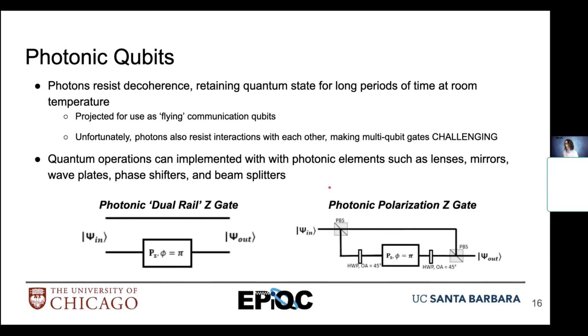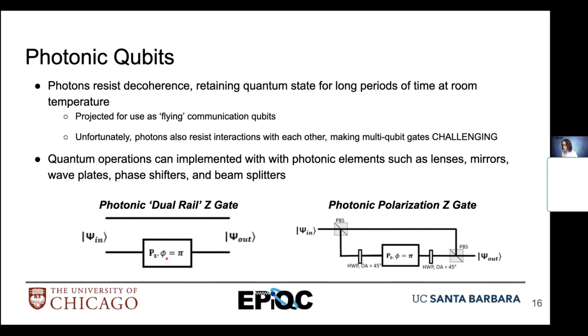So let's look at just 2 examples of implementations. These are schematics of Z gates. Z gate, once again, is our phase flip gate. If we have a qubit state going in this dual rail implementation, so dual rail from the past slide, if our photon is in the top rail, it's in a state |0⟩.